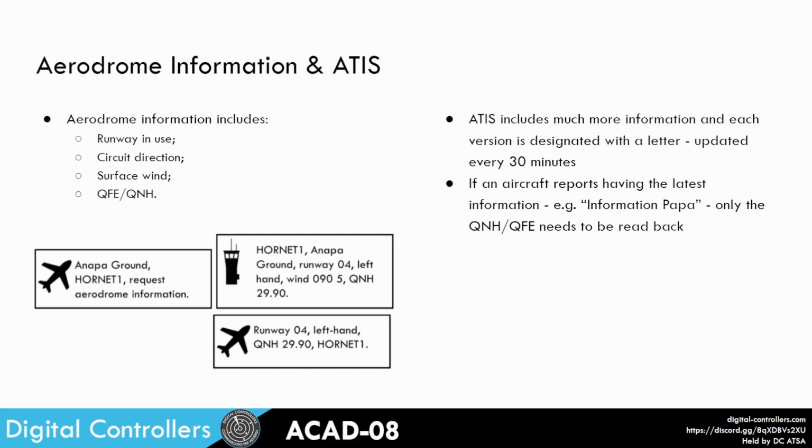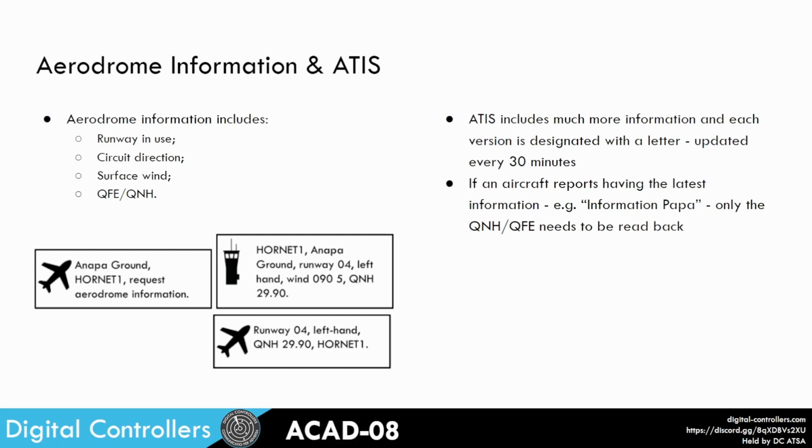So in this example, Hornet 1 has requested the aerodrome information from us, and we will respond as follows. Hornet 1, Anapa Ground, runway 04, left hand, surface wind 090 degrees, 5 knots, QNH 2990.